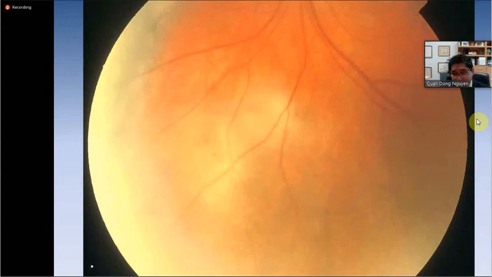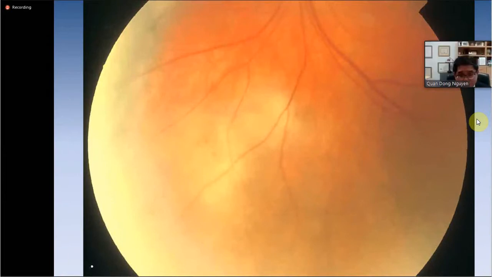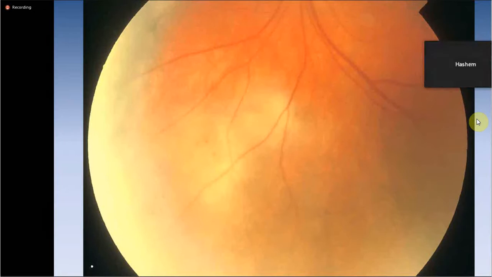So Hasham, I have a little bit of difficulty connecting from Egypt, but what we're seeing in here is that when you see some subretinal lesion like this, oftentimes you can also consider an infiltrative process of some way that has now infiltrated into the retina and the layer beneath the retina. Hasham, can you talk now? Yes, I think so. Okay, so in addition to lymphoma, what can you consider? So I would think about infective causes like fungal or viral retinitis.